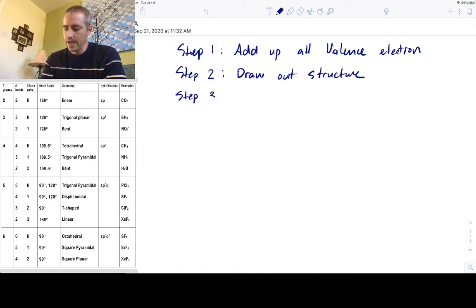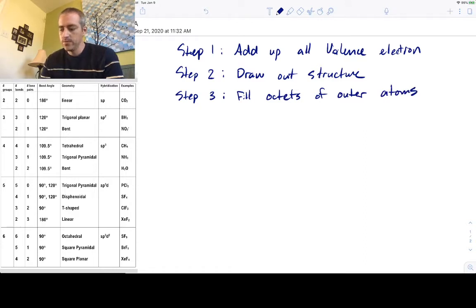Once you've done that, you take the electrons that we counted up in step 1 and add electrons to the outer atoms. And what you want to do is add enough electrons to fill all of their octets. So we're going to fill the octets of outer atoms.